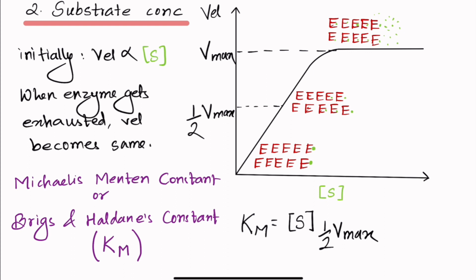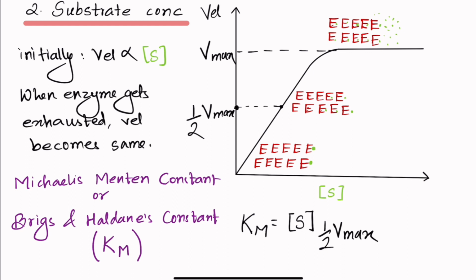See, in this particular graph, you can see that the half of the maximum velocity is present at this particular point. At that particular point, the concentration of the substrate gives the Michaelis-Menten constant. So if I draw it, here's where the half of the maximum velocity is present.